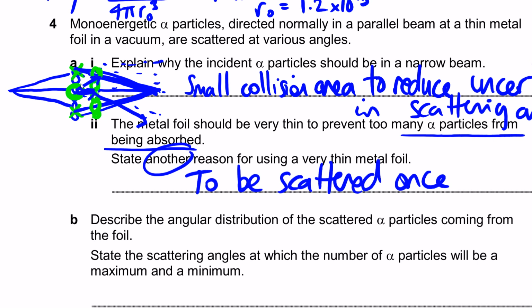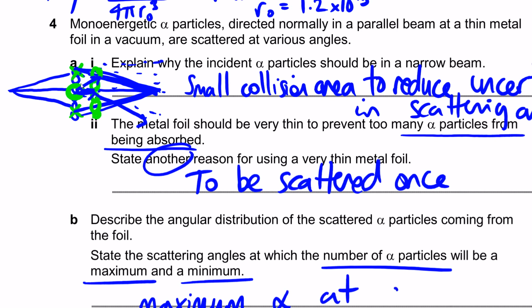Describe the angular distribution of the scattered alpha particles. So we want to talk about where it will be a maximum, the number of alpha particles, and where it will be a minimum. Okay, the maximum is going to be straight on. So we're going to get maximum alpha at 0 scattering angle, where most of them are just going to pass straight on through.